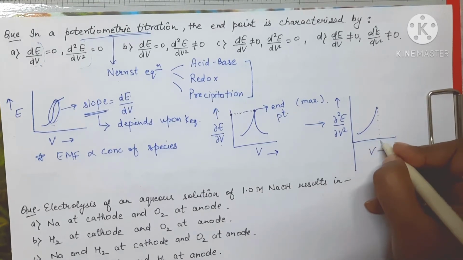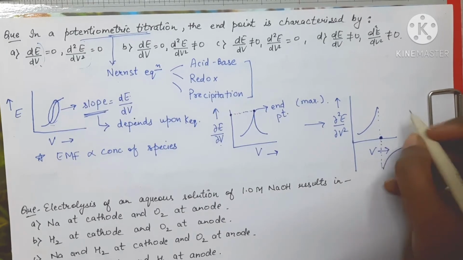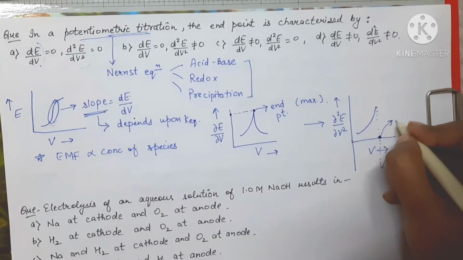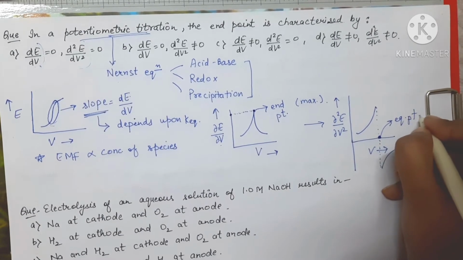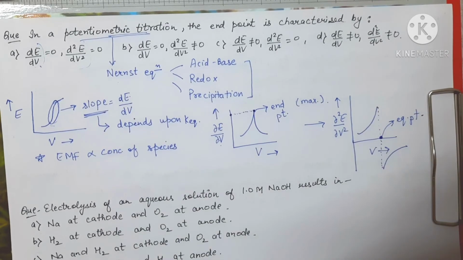Okay, at this point we see the jump in potential. This point at which there is sudden jump in potential, we are going to get the equivalence point, right, or the end point. This is a kind of a discontinuous curve.